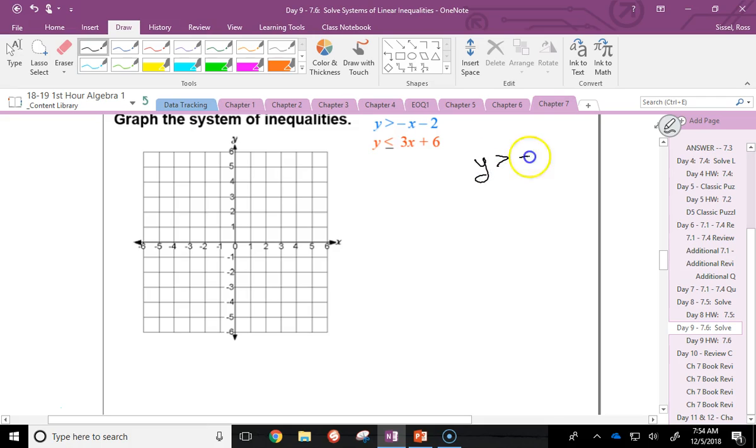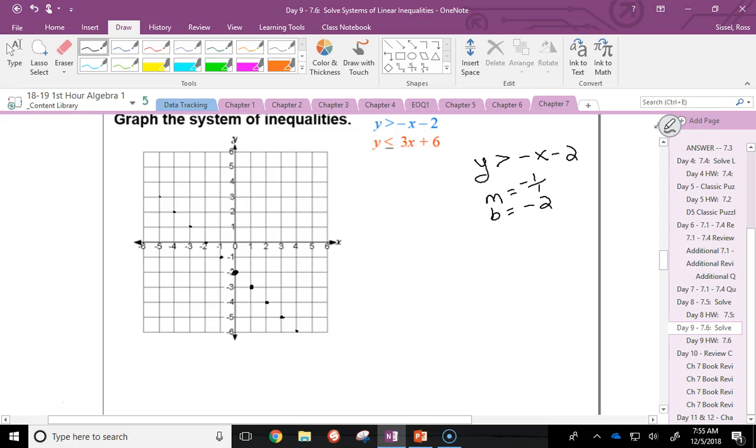y is greater than -x minus 2. I'm going to identify my slope and y-intercept. For this one, my y-intercept is what? -2. My slope is -1 over 1. So I say -2 and then -1 over 1. Okay, so that's going to be my diagonal line. I like to put more points. It's easier for me to draw. And am I going to have a dotted or solid line?